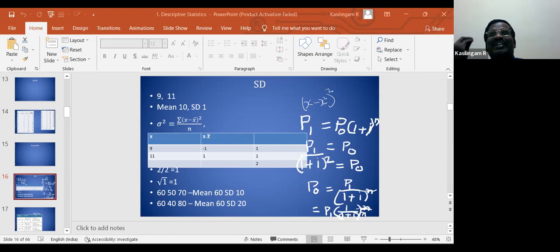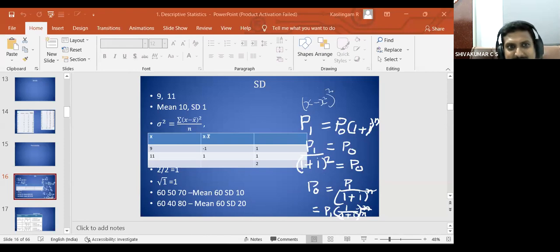So now in gender, in our example we got male and female. We have two categories, sir.